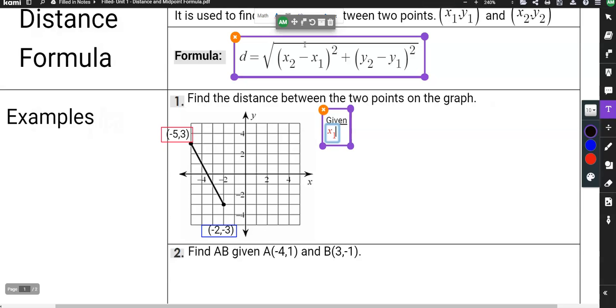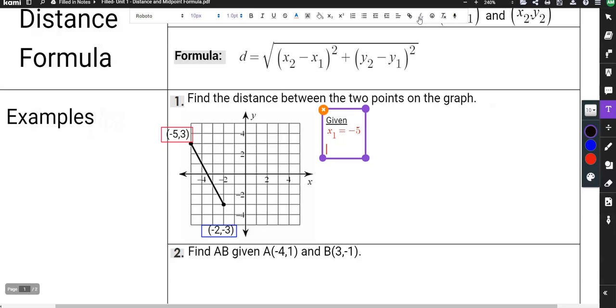So in this case, as long as I always use this red one, so -5, 3 is point 1, then that's what matters. If I had decided that it was point 2, that would have also been fine. So I have x1 is equal to -5, and y1 is going to be equal to 3.